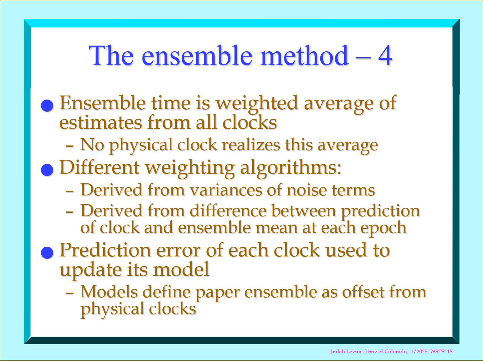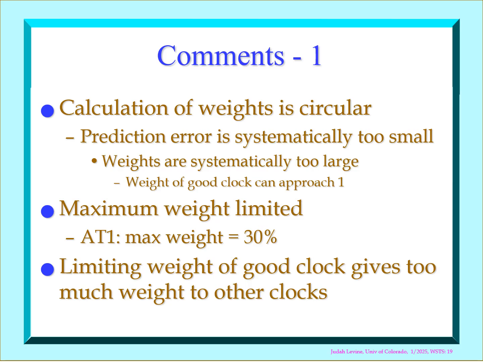Okay, and now the difficulty is that the calculation of the weights is circular, because in each case I look at the prediction of a clock by comparing what it predicts the ensemble time is going to be relative to the ensemble, and of course it was a member of the ensemble, so it appears on both sides of that averaging.